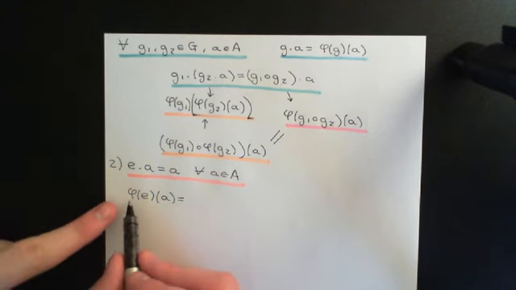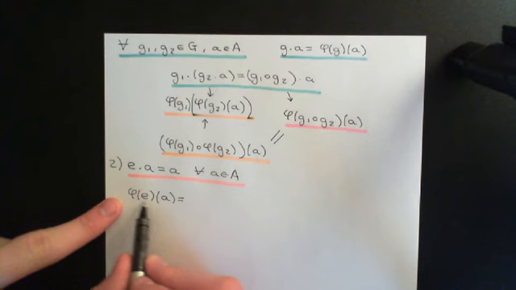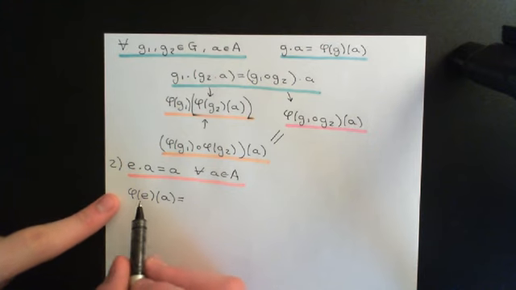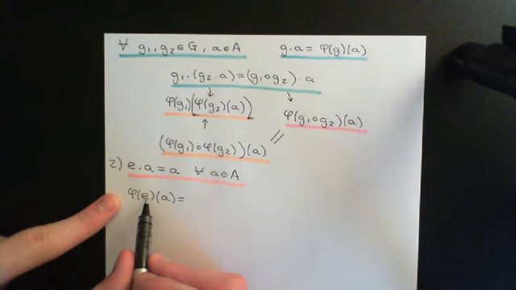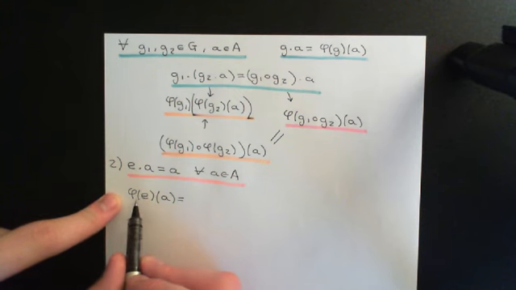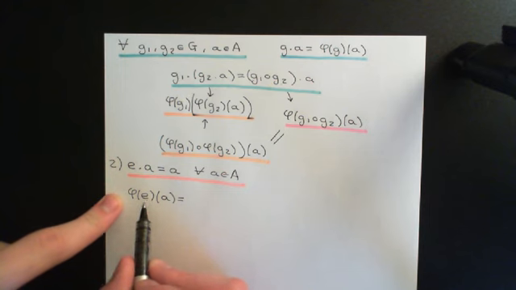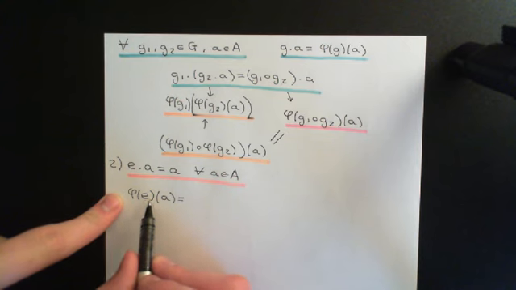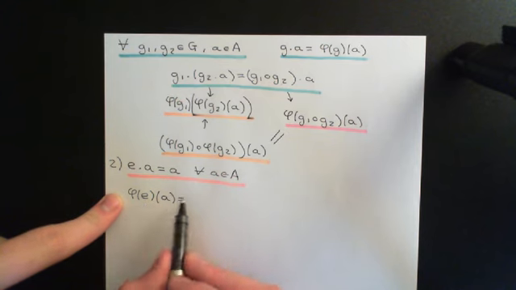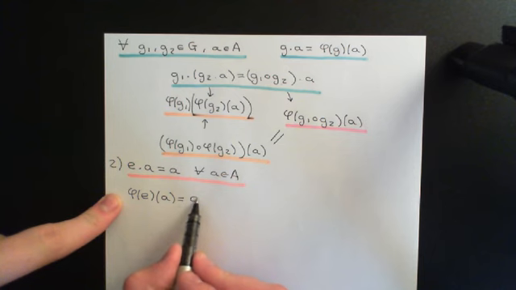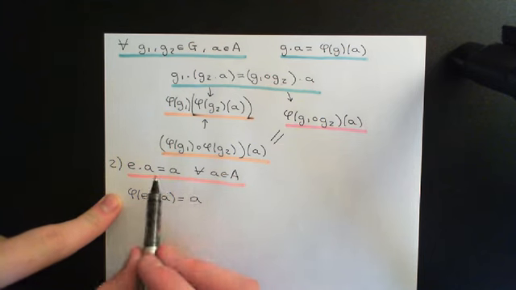Now what do we know about group homomorphisms? We know that the identity element in the domain group will always be mapped onto the identity element in the codomain group. So the identity element in our group capital G will be mapped onto the identity element in our symmetric group on the set A. The identity element in our symmetric group on the set A is the identity set permutation of the set A, which maps all the elements of the set onto themselves, which is exactly what we need.